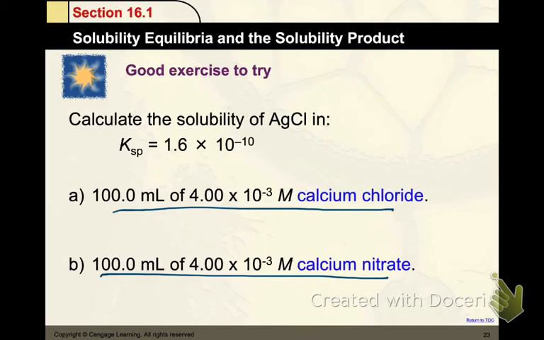So let's look at our equilibrium to see what we're dealing with here. So we've got AgCl solid in equilibrium with Ag+ and Cl-.